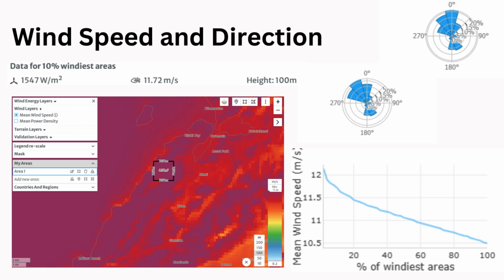The wind speed of the 10% windiest area is 11.72 meters per second, which is used in the modeling part with Retscreen. And you see in the two wind roses on the right side, they show that the wind comes from the north and northwest. So 60 to 65% comes from the coastline, which is also good to know.